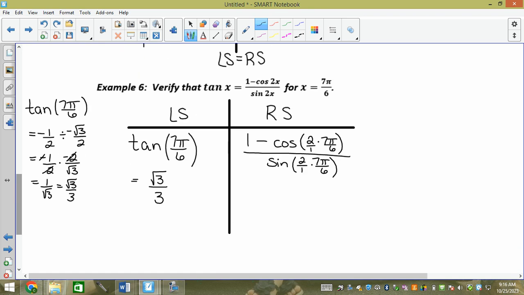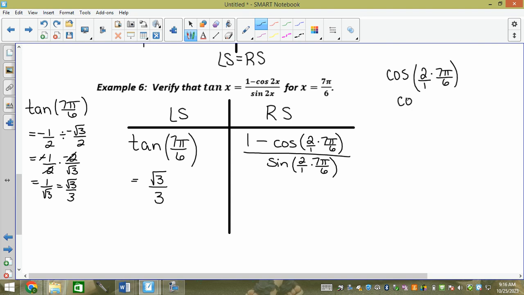The next one poses a problem, because we need cos 2 times 7 pi over 6. So people think that that means find cos of 7 pi over 6 and times it by 2. No. So off to the side, we have to go cos 2 times 7 pi over 6. So technically, we're finding the double angle of 7 pi over 6.